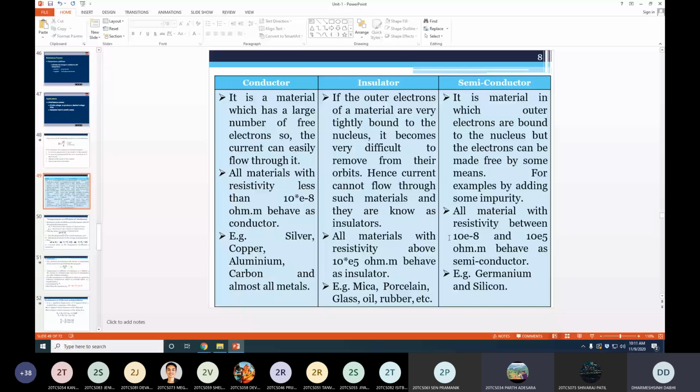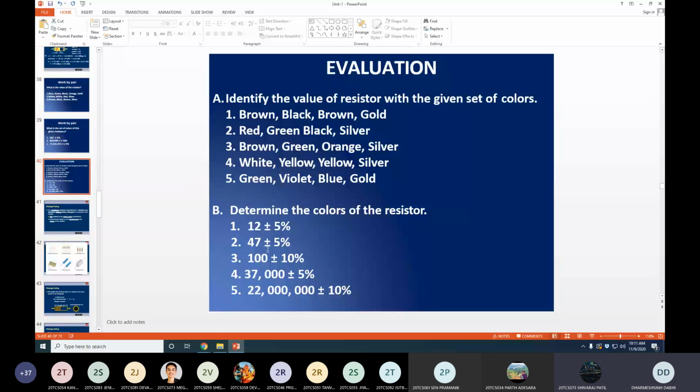Then will it be given whether it is a 5-band resistor or a 4-band resistor? Yeah, it is given that it is 5-band or 4-band. But if it is not written in the example, then assume it is a 4-band resistance, because I am not writing here whether it is 4-band or 5-band.